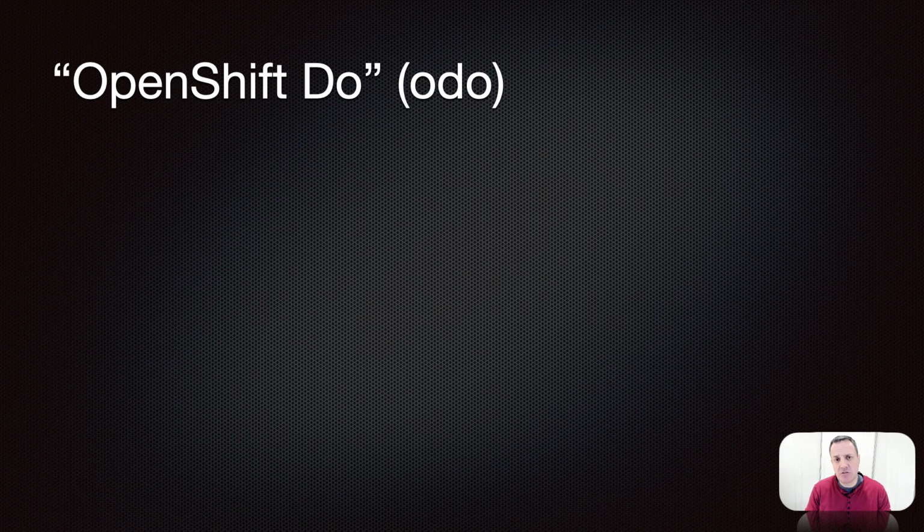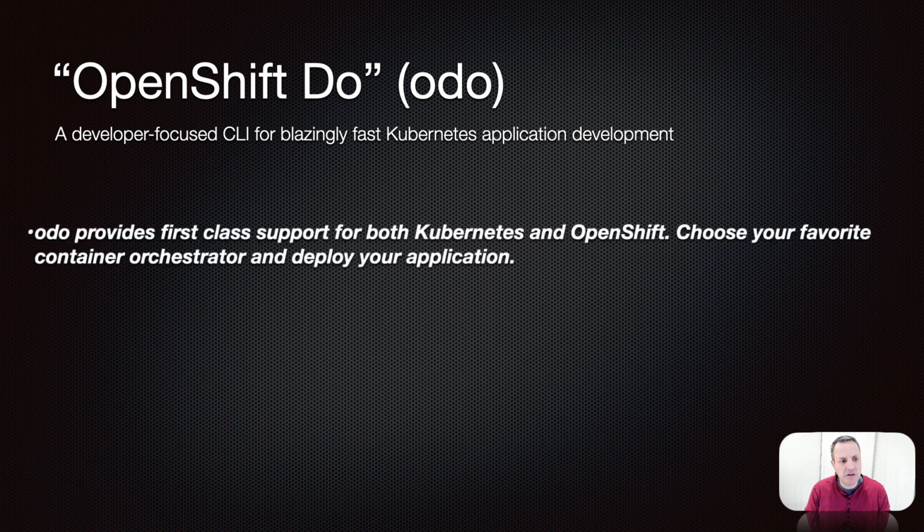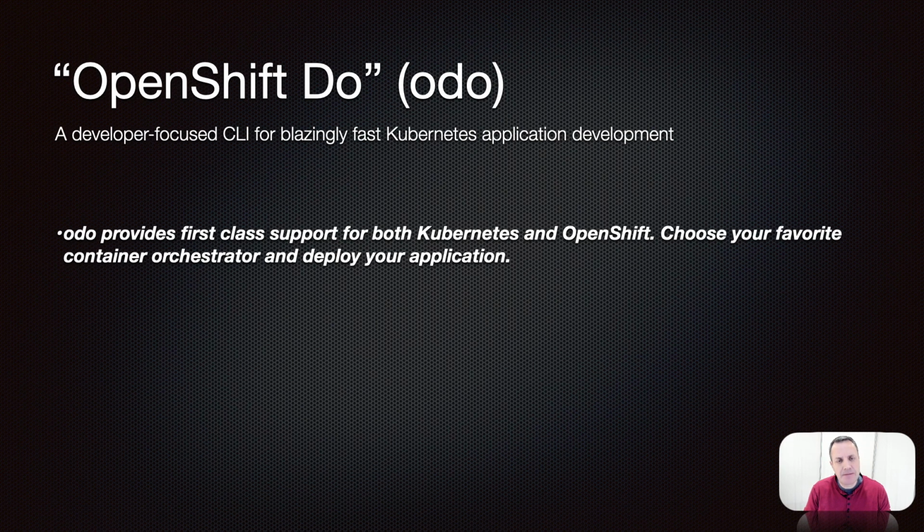And that's where OpenShift Do, or ODO, can come in and help, because it's a developer-focused CLI for fast microservices and Kubernetes application development. And despite the name, ODO works across different major Kubernetes systems such as AKS or EKS or Rancher.